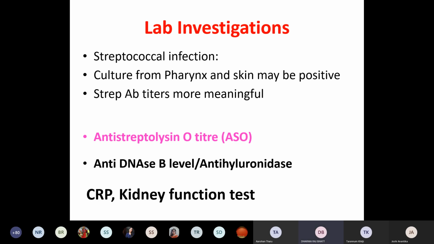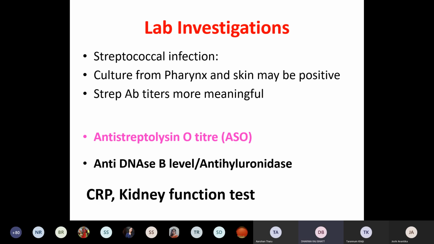Group A streptococci can be isolated, but that does not give you the diagnosis of post-streptococcal glomerulonephritis, because by culture we can only isolate group A streptococci, but we are not sure whether it's a nephritogenic or non-nephritogenic strain.